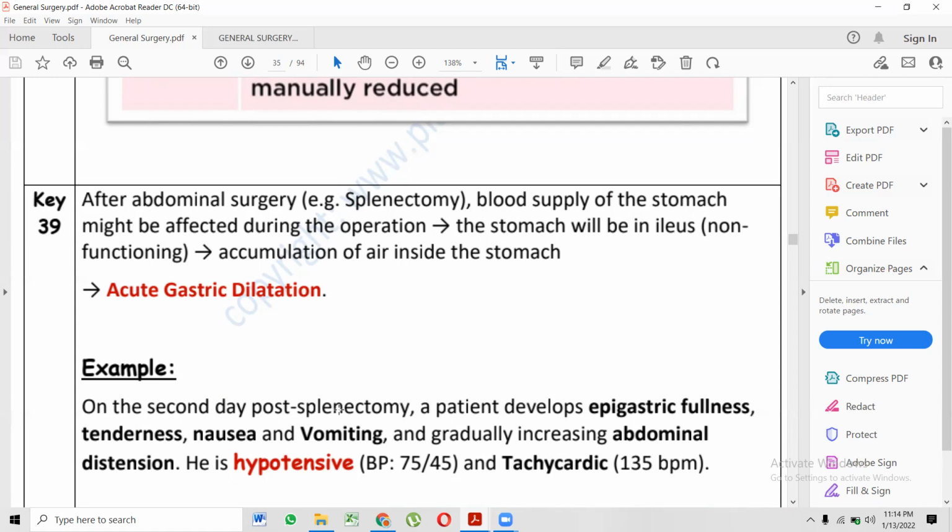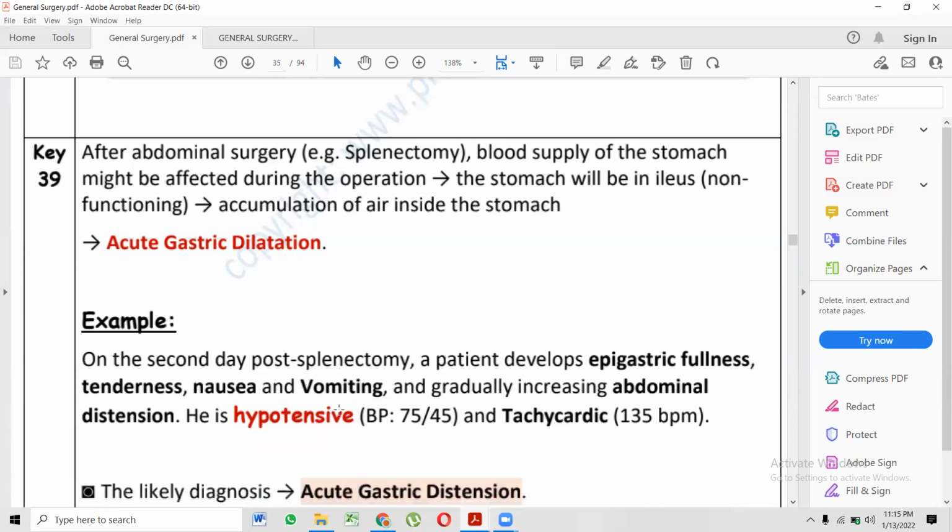But in this scenario, you can see that he is hypotensive. Why is he hypotensive? Because the dilatation of the stomach will compress the surrounding blood vessels. So that's why the patient can be hypotensive. So the main hint for acute gastric dilatation is abdominal distension after splenectomy.